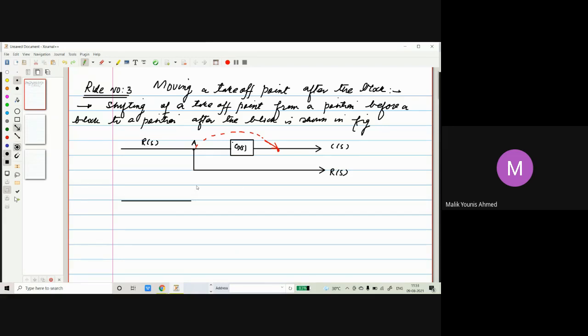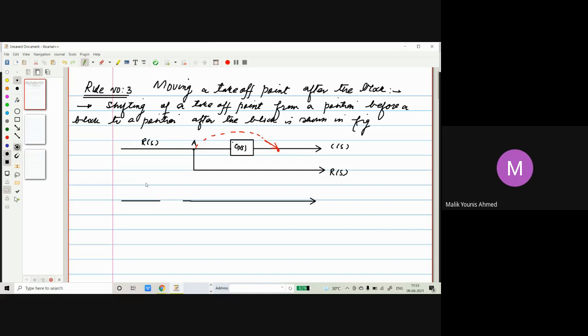Now here you can see this is the input, this is the transfer function, and this is the output. This scenario is not going to change. But our takeoff point we have to move here.